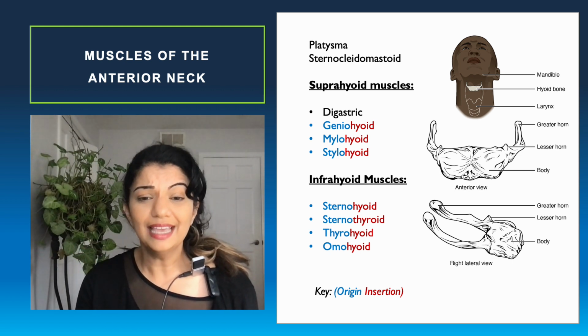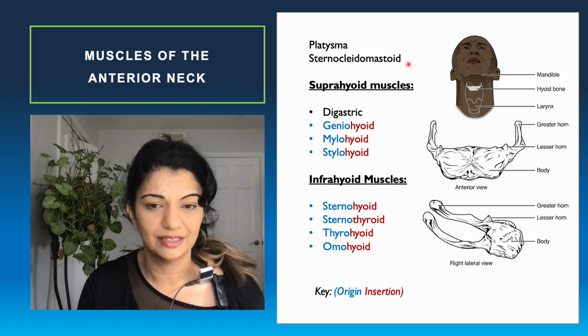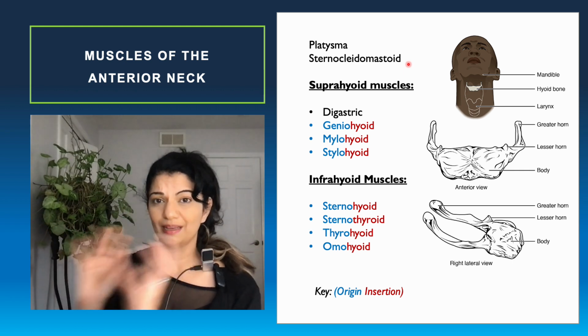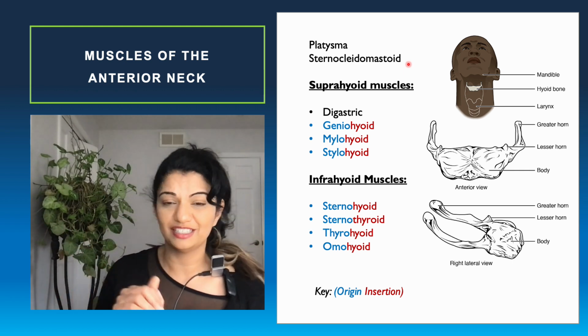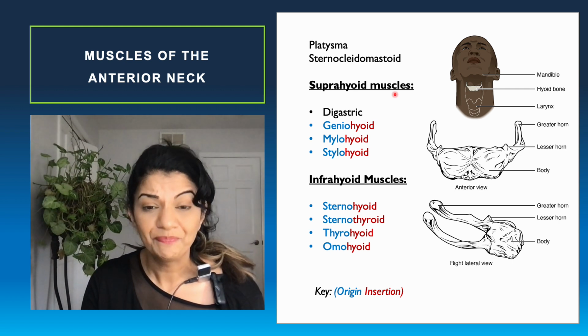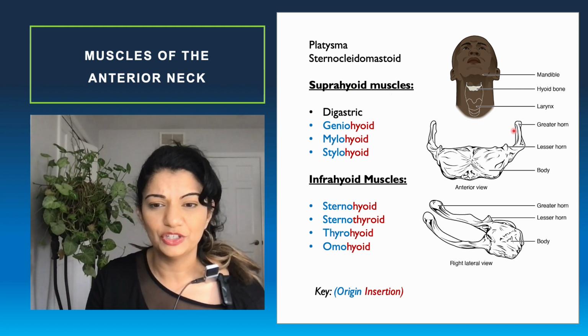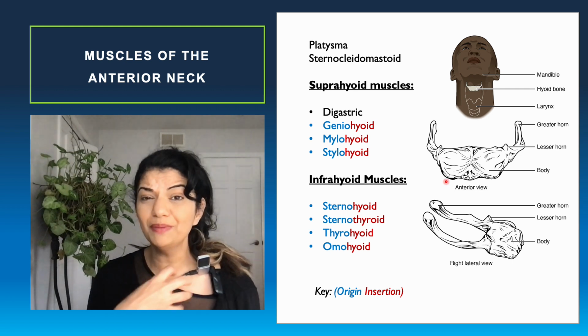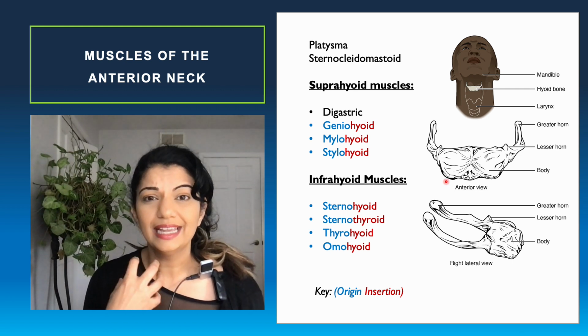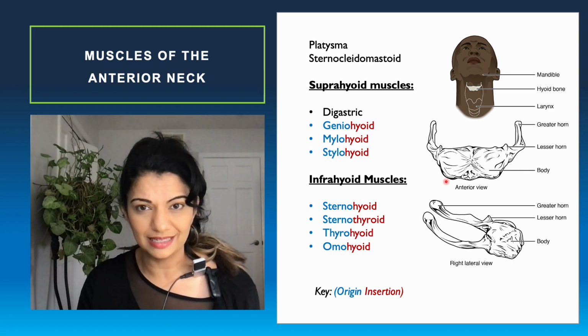So let's start and look at which muscles we're going to be covering. We're going to be talking about Platysma and Sternocleidomastoid. Those are a separate group in themselves and we're definitely going to delve into that. But I want to bring your attention to the hyoid muscles. They're the suprahyoid and the infrahyoid. This is your hyoid bone, which basically floats in your neck area because it doesn't attach to any other bony prominences.